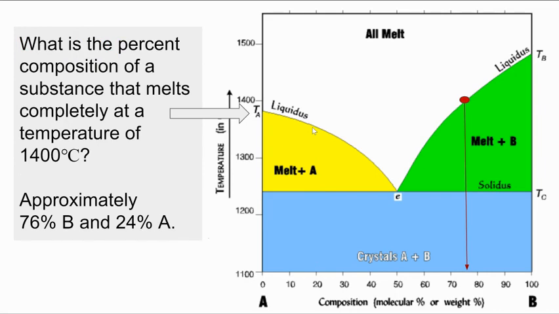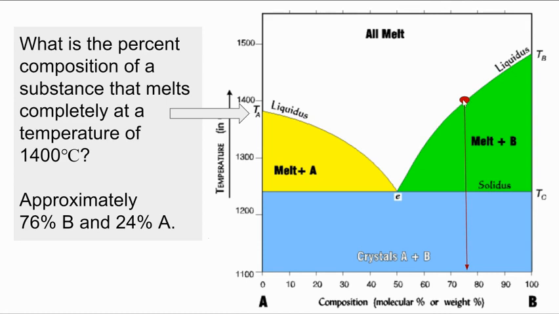What's the percent composition of a substance that melts completely at a temperature of 1400 degrees Celsius? To answer that question, we would need to go to the y-axis to 1400 degrees Celsius. We'd need to go where it completely melts, the liquidus line, and then we need to trace down to the x-axis to get the percent composition of the alloy at that location.